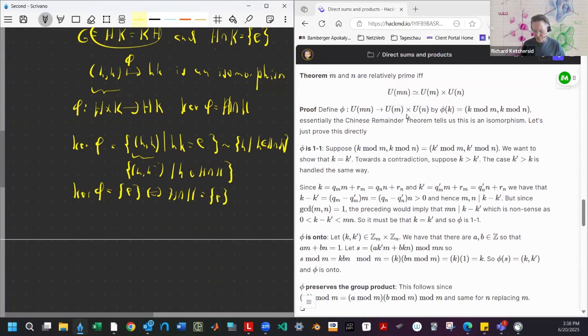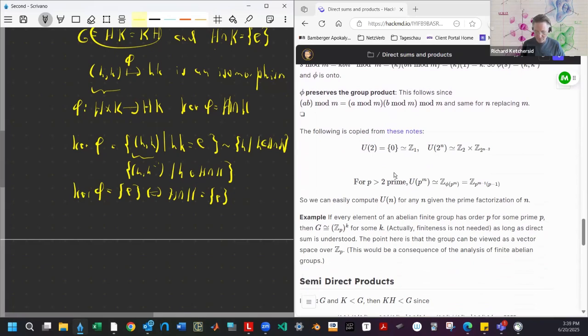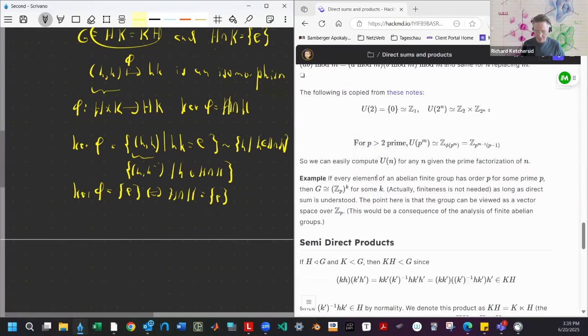This is actually part of the Chinese remainder theorem, so I'm not going to go through the whole proof here. I'll let you look at it. This is just the map from the Chinese remainder theorem, so I'll let you see that it's one-to-one and onto. I think you had this, or something equivalent, as a homework problem in the first week of the class. There's also a little bit of information about the U groups, and this is all in your text in these sections.